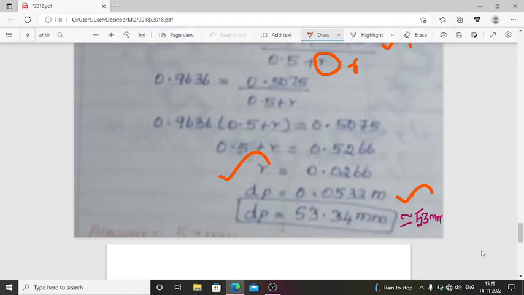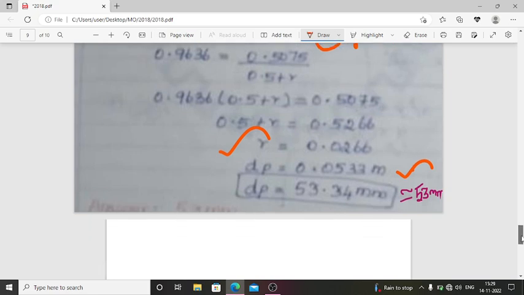We want the diameter of the particle, so the diameter is equal to 2 into the radius of the particle, 0.0533 meter. Finally, the diameter of the particle is equal to 53 mm. This is the answer for our problem.